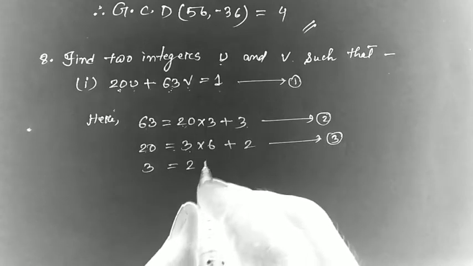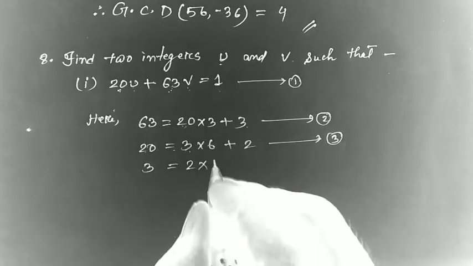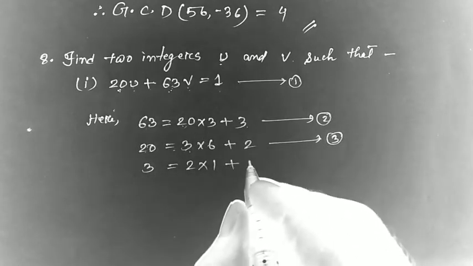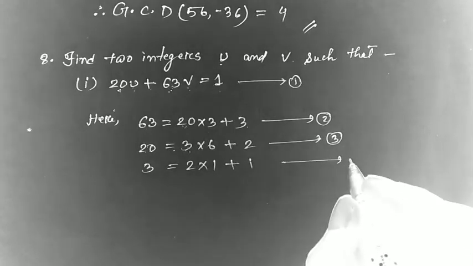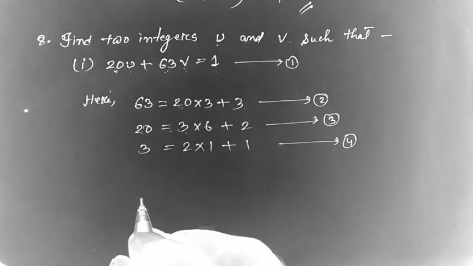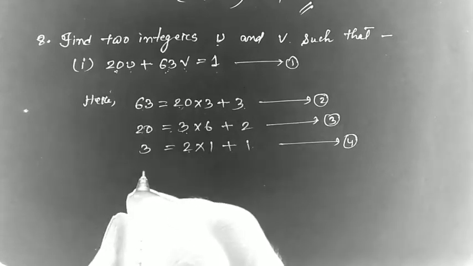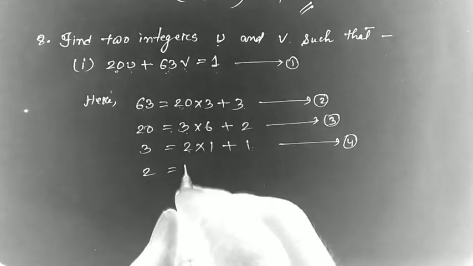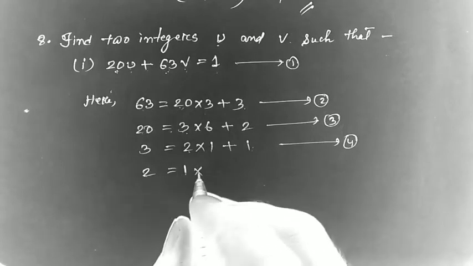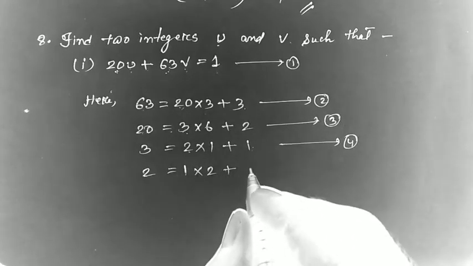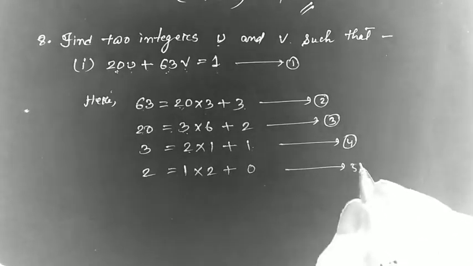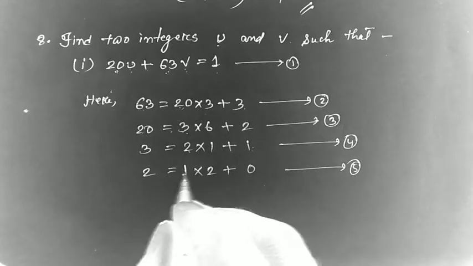Now what will you do? All sums of this type can be done in the same way, which I am going to do. First of all, you will find the GCD of 20 and 63, by using the Euclidean algorithm.